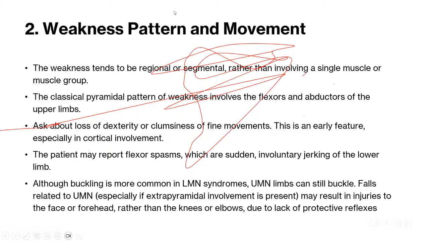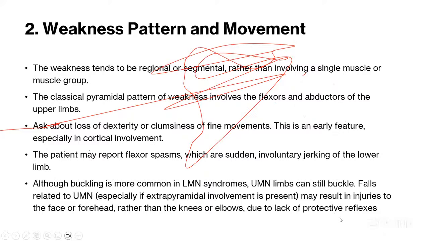They may also report, as we can see in spinal cord lesions, flexor spasms, which are sudden involuntary jerking of the lower limb. Although buckling is more common in LMN, UMN also still buckle. One thing we can differentiate is, especially if extrapyramidal involvement is present, injuries due to lack of protective reflexes.